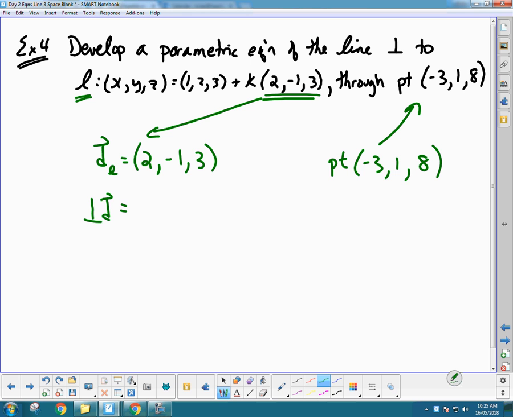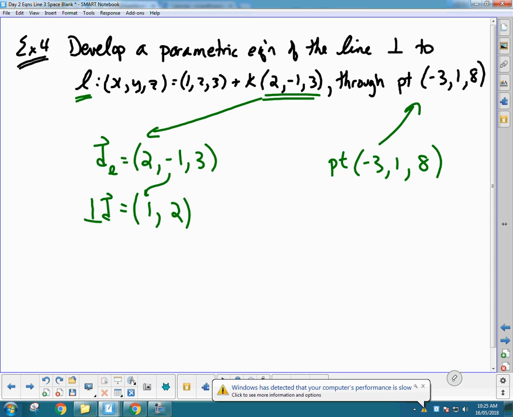Now there's no right or wrong way to do this. I'm going to just switch the first two, and I'm going to make this negative become a positive. And then I'm going to make my Z component 0.